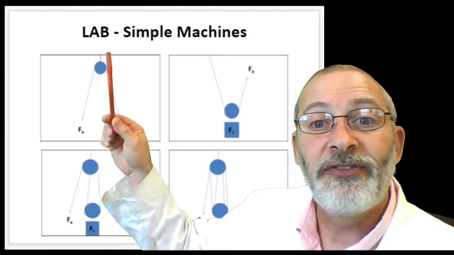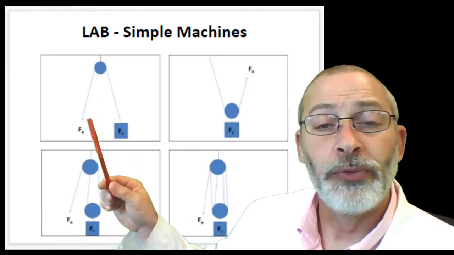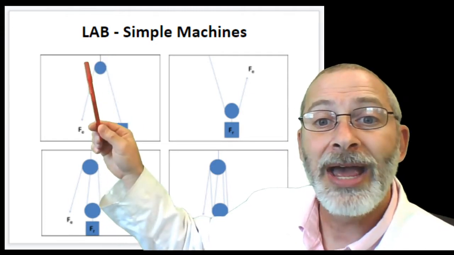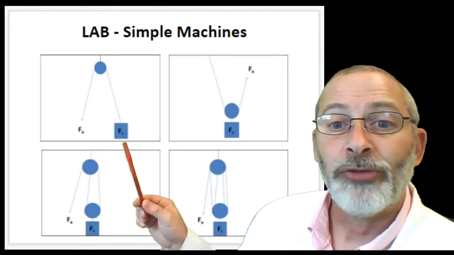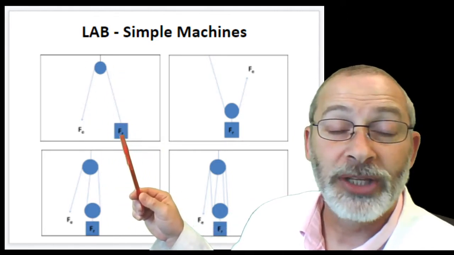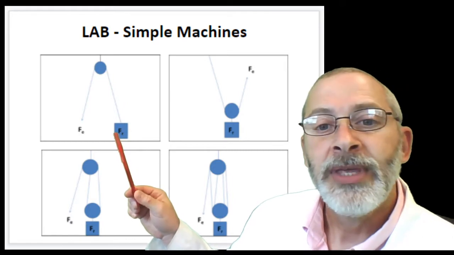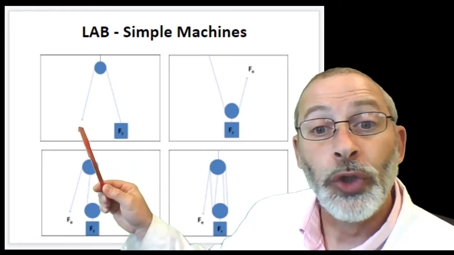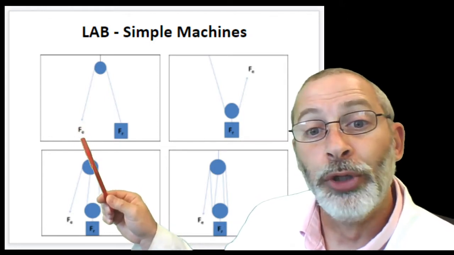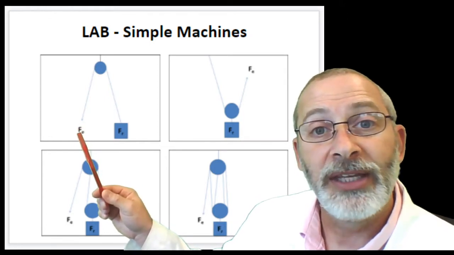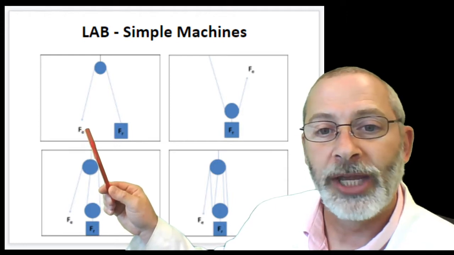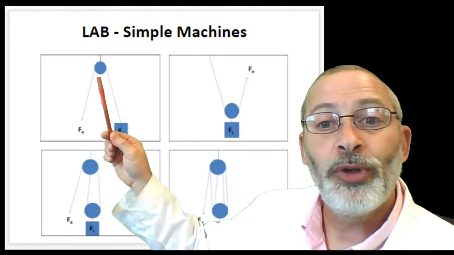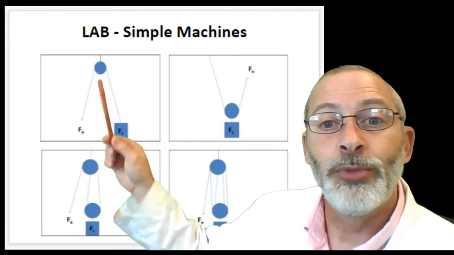So if the rope or the chain goes around the pulley, the resistant force, the object that you're trying to lift, is on one end of the rope or the chain, and you or the object that is pulling the effort force is on the other end of the rope or the chain. So a fixed pulley system, the pulley doesn't move up or down.